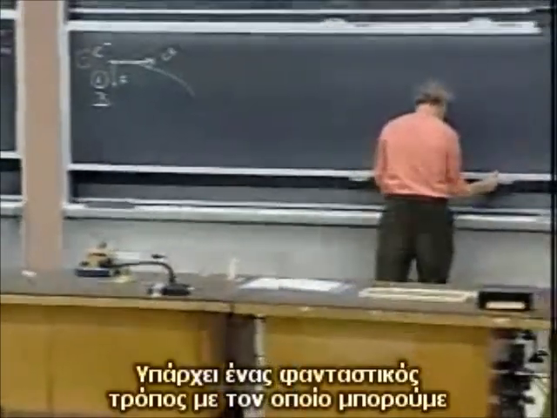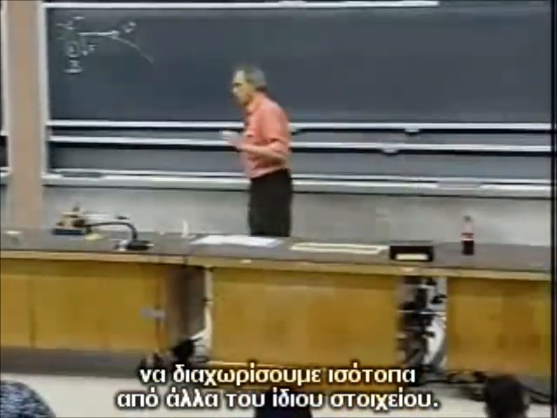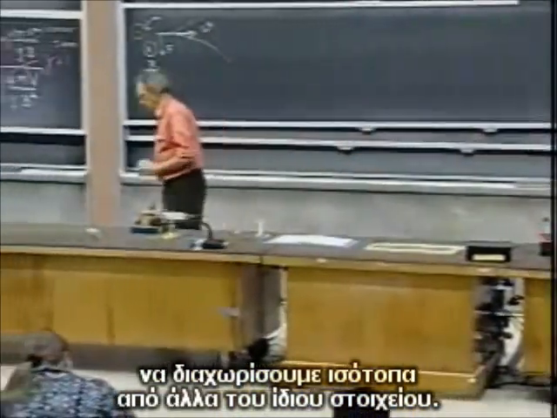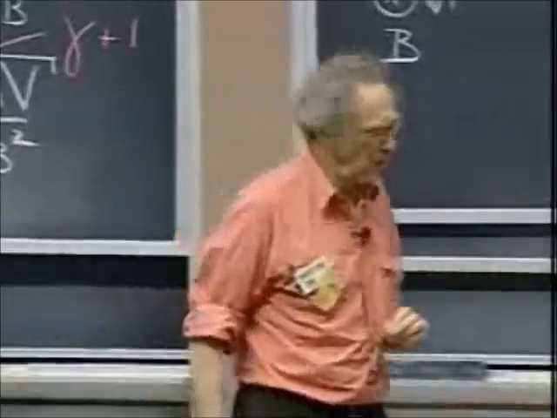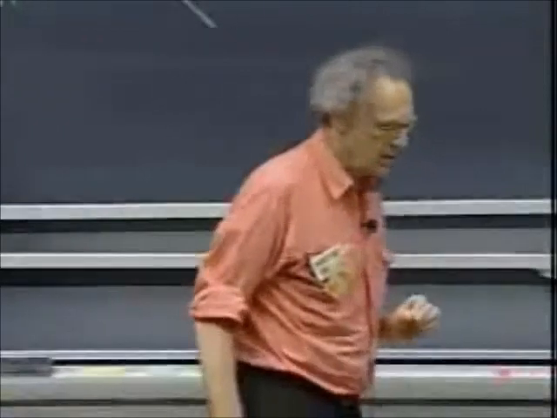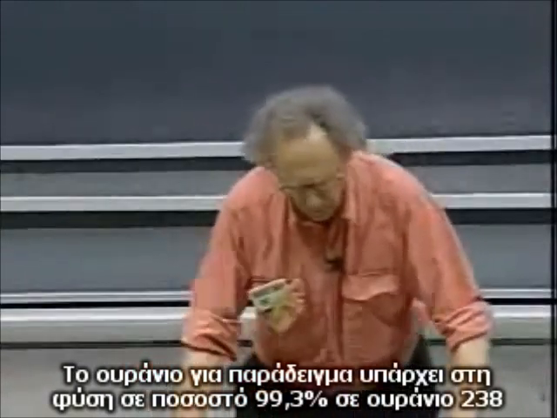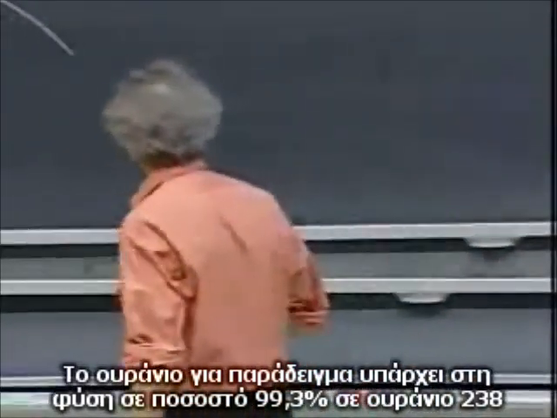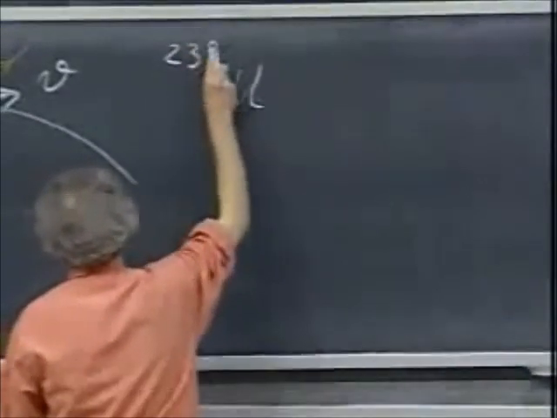There is a fantastic way in physics that we can separate isotopes of one and the same element. If we, for instance, take uranium, then uranium, when you find it, is 99.3% uranium-238.